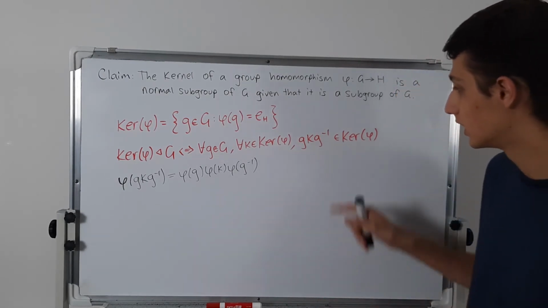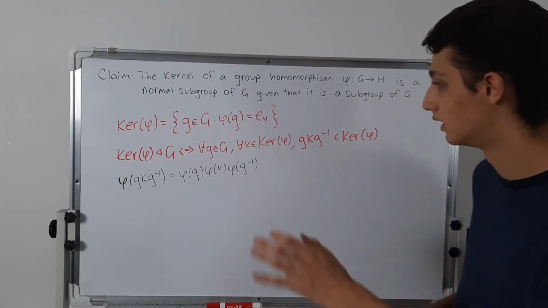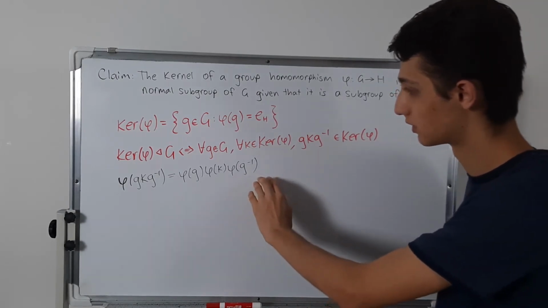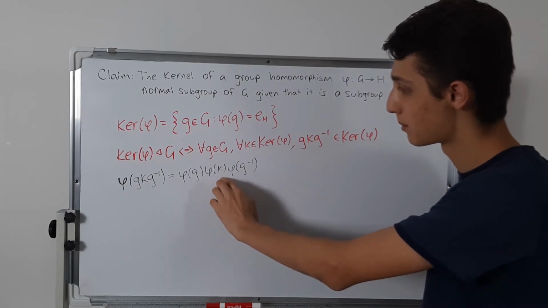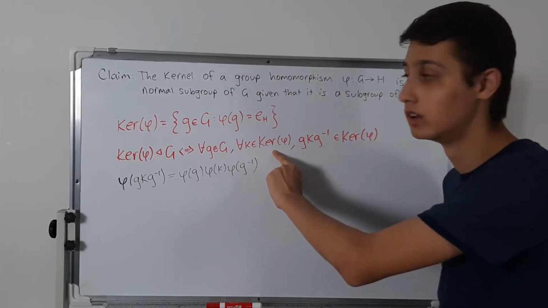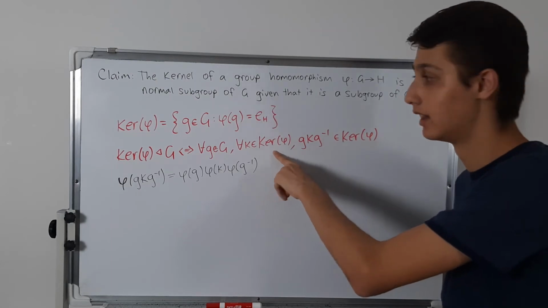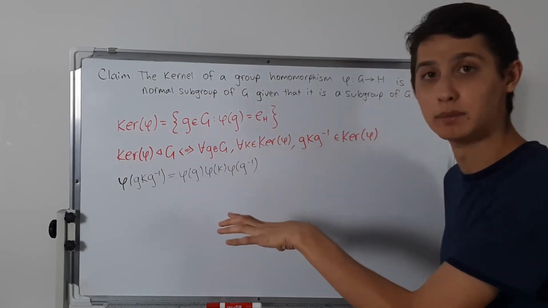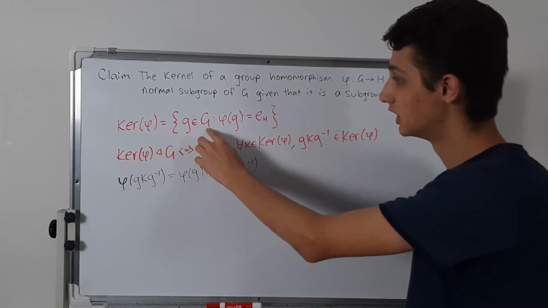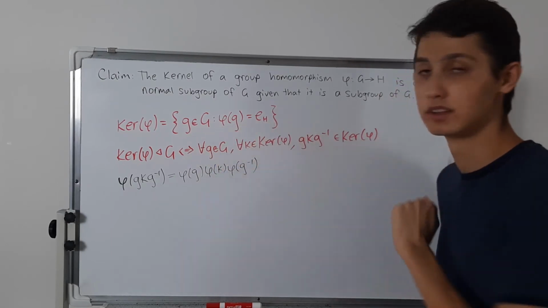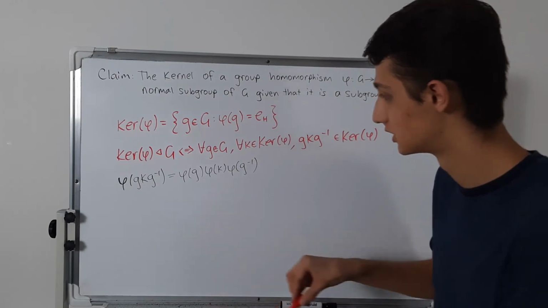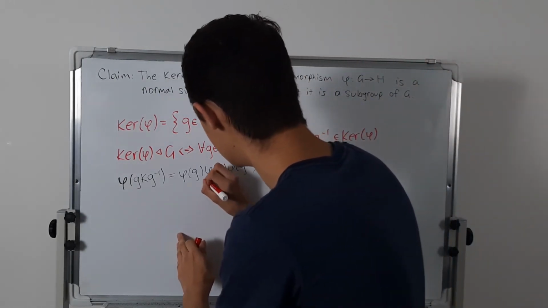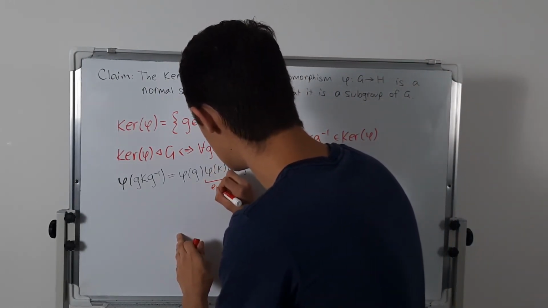So g k g inverse maps to this, and phi of k, well, remember, k is in the kernel. If k is in the kernel, that means it's one of those elements in the big G such that phi will map it to the identity of H. So phi of k is actually just the identity in H, right?